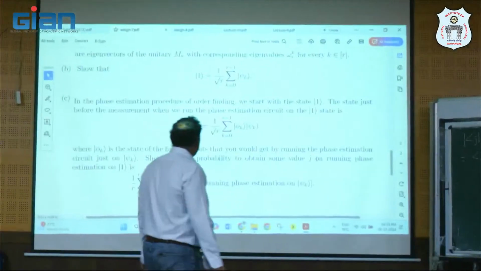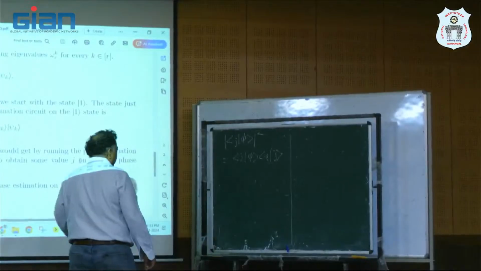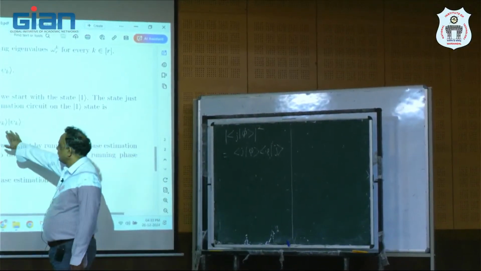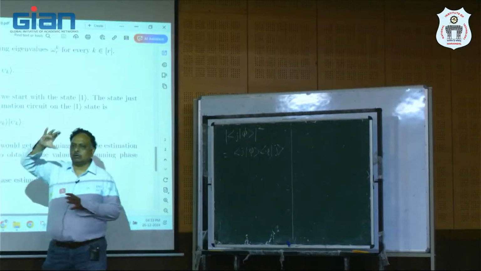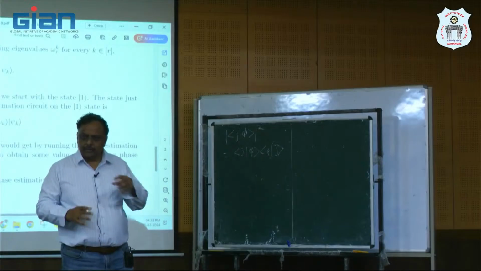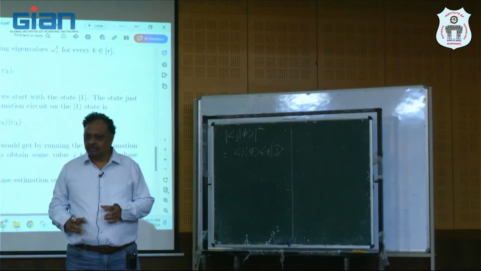So now we are trying, there is this phi star here, right? Phi star is the state on the top wires and the bottom wires. We are only doing the measurement on the top wires.